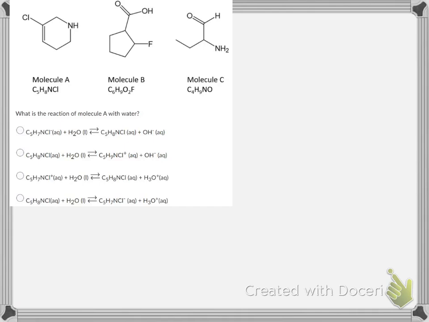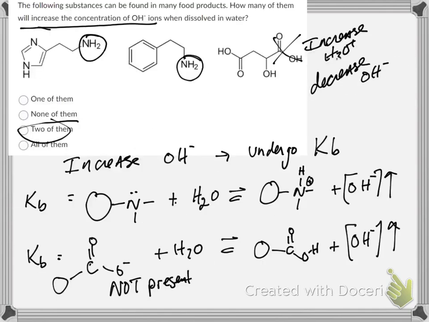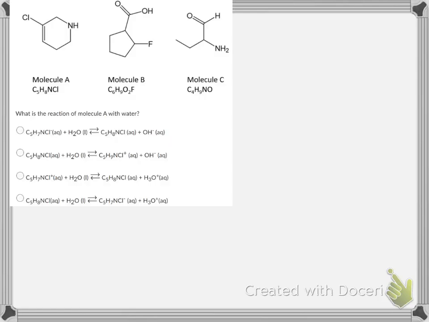Okay, so in this problem we're asked about problem A. Problem A has a neutral nitrogen, Kb. So we know by our formula that the number of hydrogens must increase. Sorry about that. The neutral nitrogens must decrease.